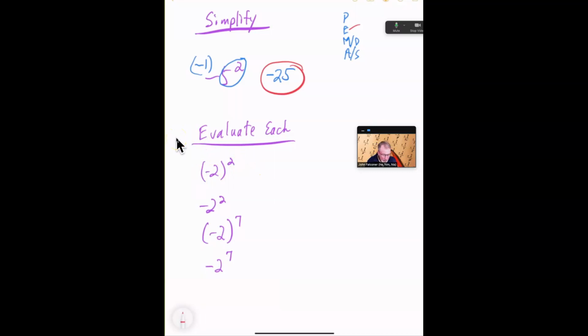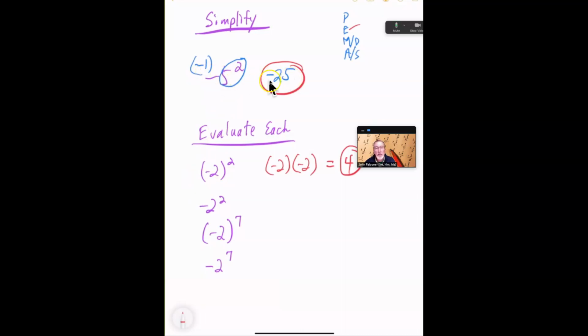That means you've got -2 times -2. Here we are multiplying -2 times -2, and that yields a +4. So a slightly different outcome than the one up above where we had -5 squared.